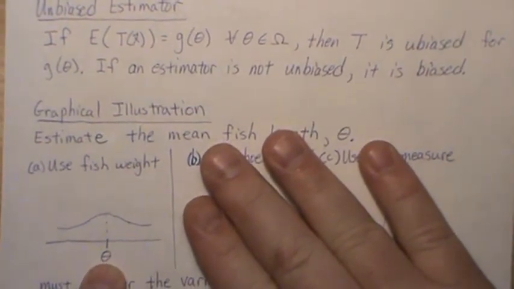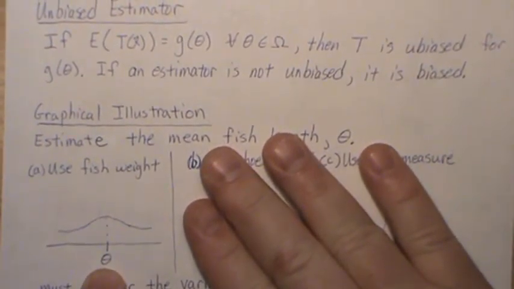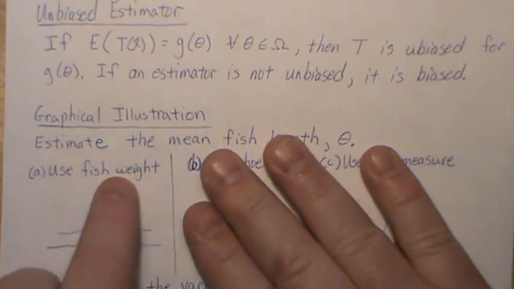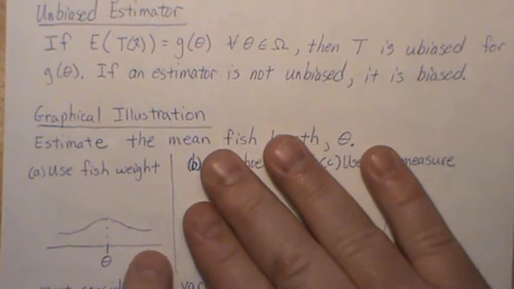If this is the average fish length and we caught a sample and we weighed it, and then from that weight we estimated its length to be some value. So we're using the fish weight to estimate the length, and we're going to get a distribution of our sample statistic something like this.